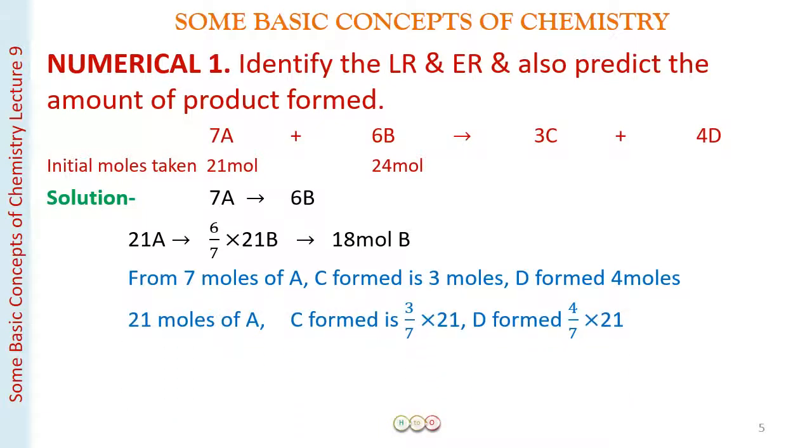So for 21 moles of A, C formed would be 3/7 into 21 and D would be 4/7 into 21. So this comes up to 9 moles of C and 12 moles of D. So this is how you identify the limiting reagent and then predict the amount of the product being formed.